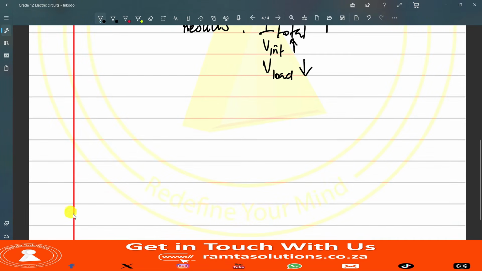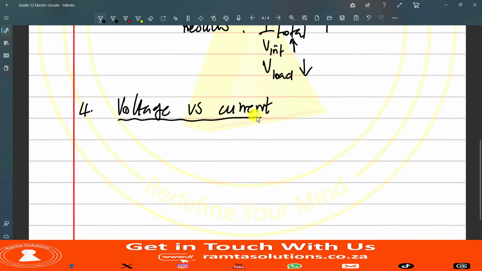Now let's look at voltage versus current. Remember we have Emf equals V load plus V internal, right?